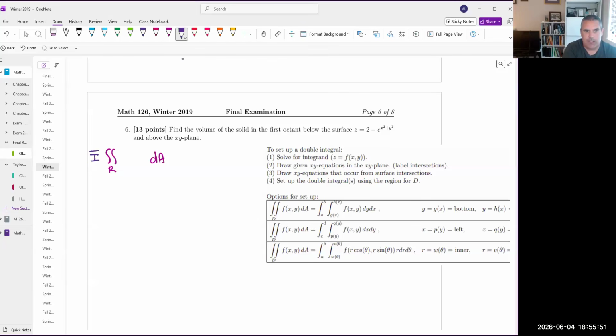The first thing it needs to be handed is a surface. And the problem gave me that. And in fact, it said below this and above this, which is good because that's what a double integral does. It finds the volume from the surface down to the xy plane. So the very first thing you would do is this.